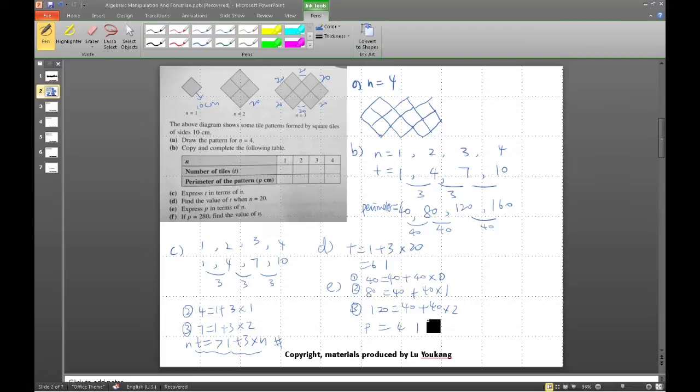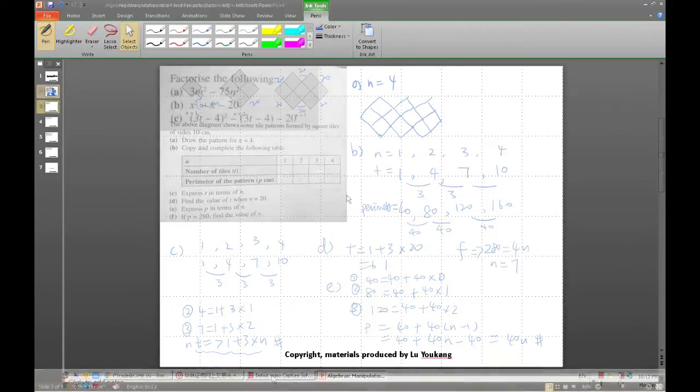Therefore you can see P equals 40 plus 40 times (n minus 1). Let's simplify this further, and you should get 40n. And for part F, when P equals 280, 280 equals 40n, so we should get n equals 7.